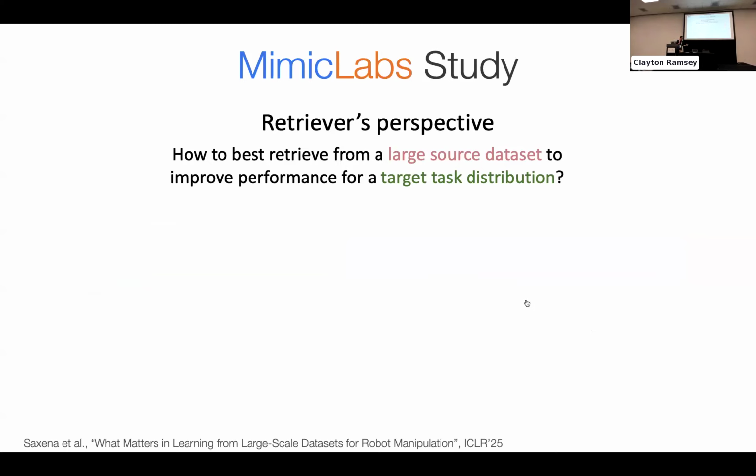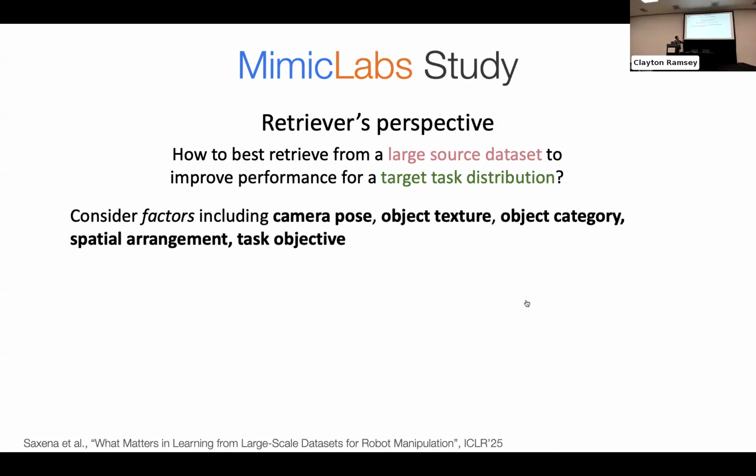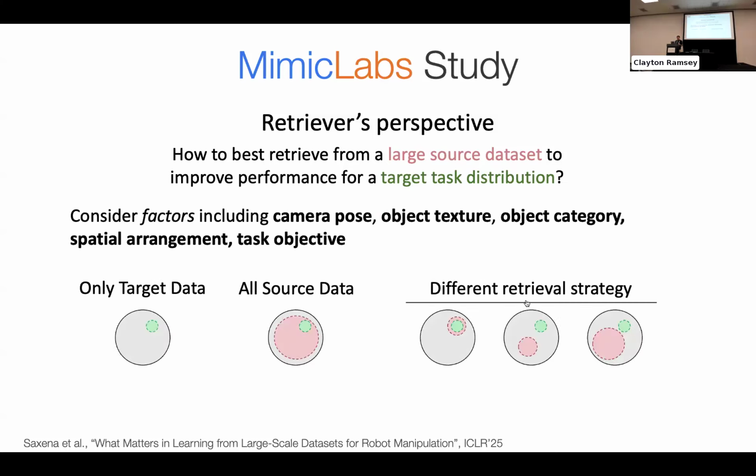Like you have an environment and a small number of demonstrations. How should I retrieve from the large-scale dataset so that I can improve task performance within my small data distribution?